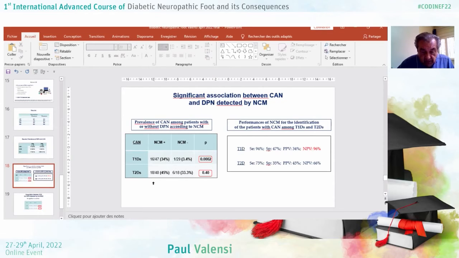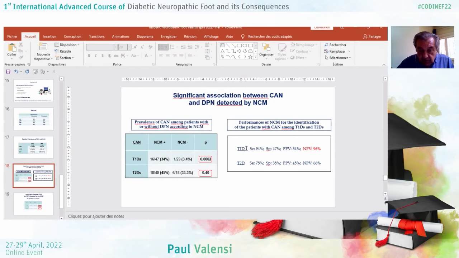On the contrary, in the type 2 population, the prevalence of CAN was roughly similar, not significantly different, when considering the patients with or without peripheral neuropathy. So we can estimate the performances of NCM for the identification of patients with CAN among type 1 and type 2s.